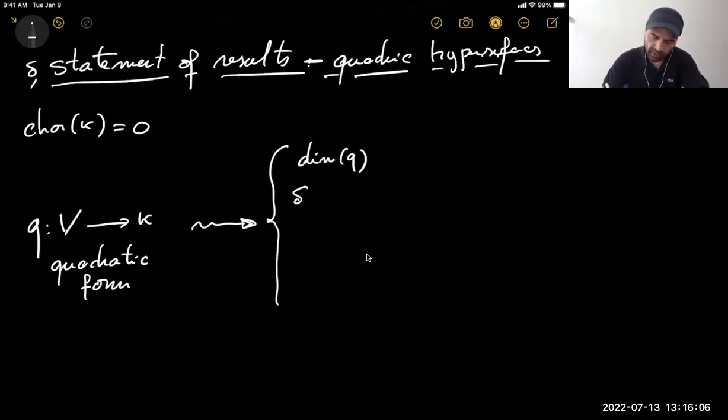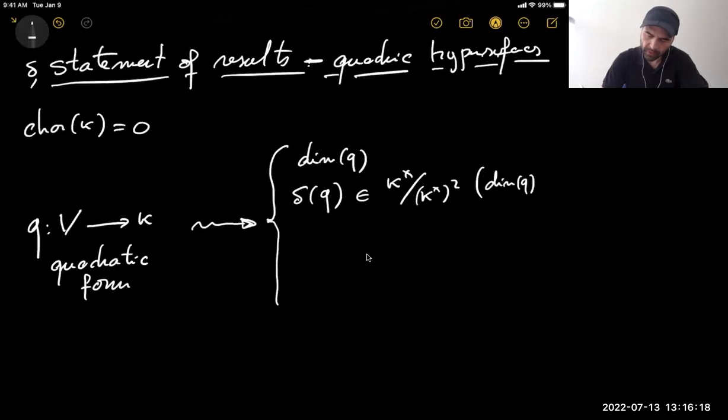One can look at its discriminant. So this is an element of the invertible elements modulo the square classes. So this is well defined in the case where the dimension of V is even.